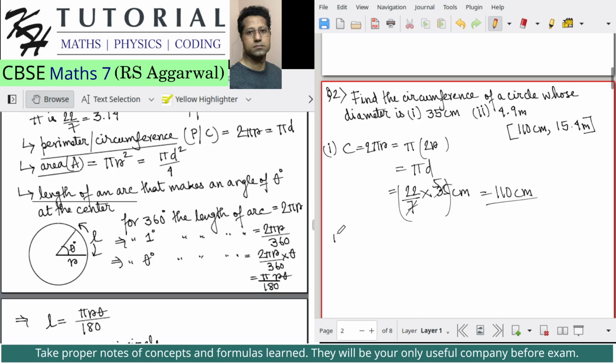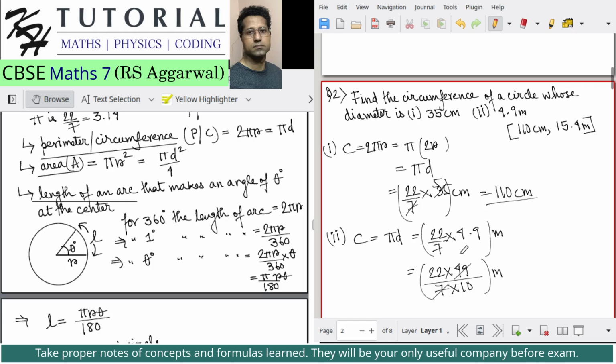Okay. Part 2. The diameter is given as 4.9 meter. So we know the circumference is equal to pi d. So pi is 22 by 7 and d is given as 4.9 meter. So circumference becomes this much meter. So this is equal to 22 multiplied by 49 divided by 7 multiplied by 10, this much meter.